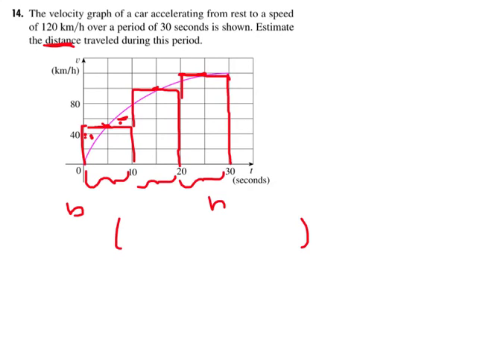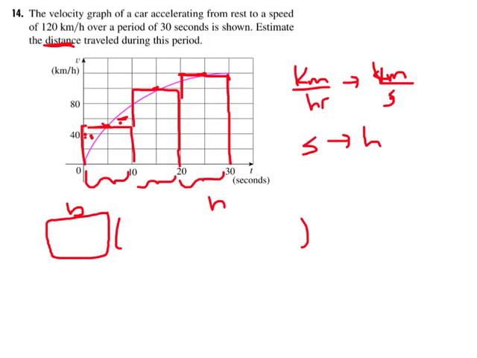I can either change all of my kilometers per hour to kilometers per second, or I can change my seconds to hours. Well, I'm only going to have one measurement that's in seconds, where I'm going to have three that are in kilometers per hour. So I'd rather change one measurement than three, so that's what I'm going to do.